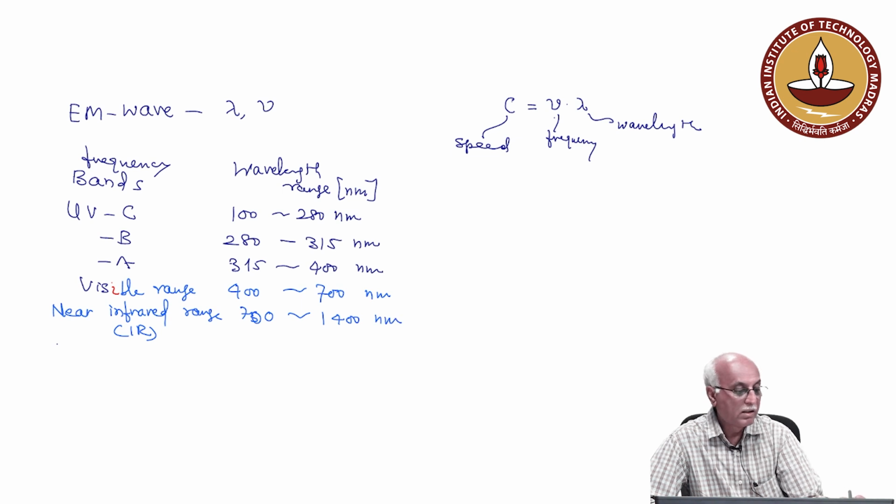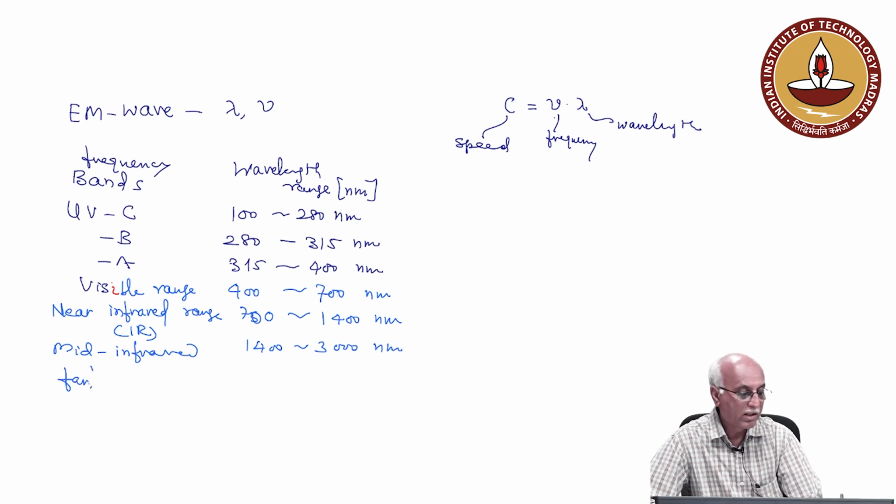The mid infrared range is 1400 to 3000 nanometer or slightly longer, and beyond this is far infrared.